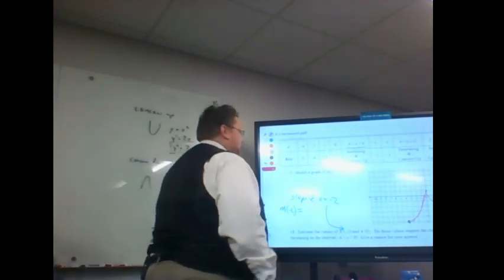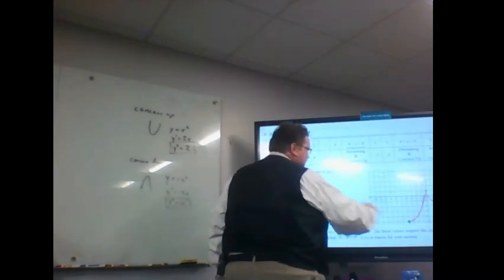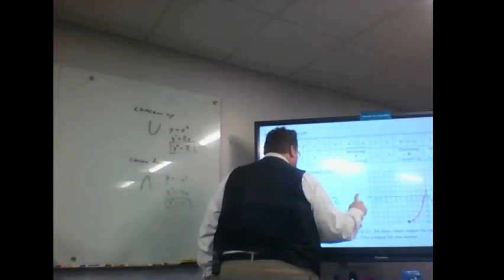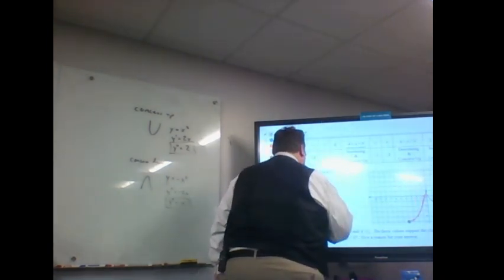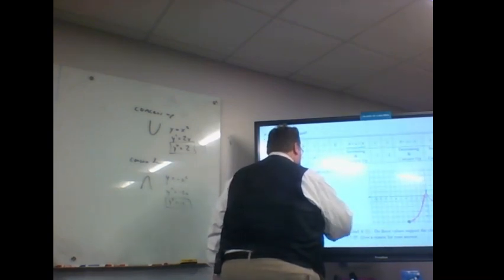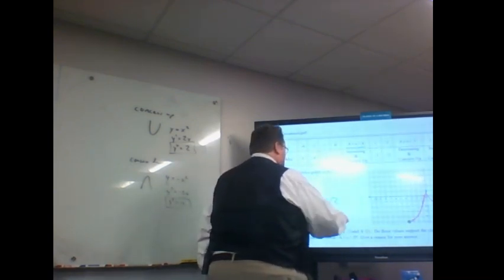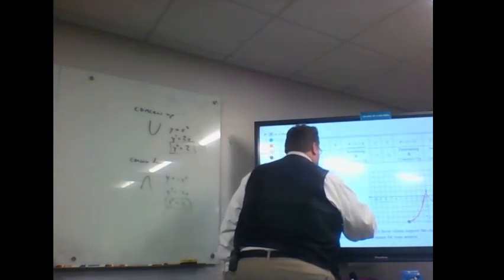Let's plug them in. The y values go on top, so my y value would be 1 minus -5 over, now the x value is on bottom, so that would be 0 minus -4. So I end up with, double negative makes it positive, 6 on top, and double negative makes it positive, 4 on bottom, so I get a value of 3 over 2.